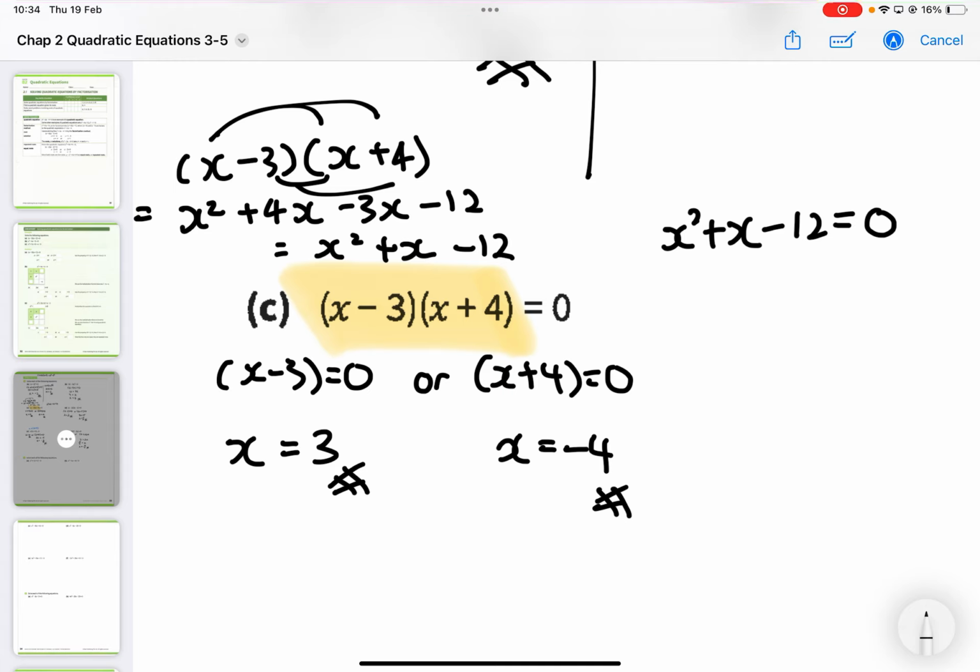Because this is actually the same as this. So this equals 0, you can solve.